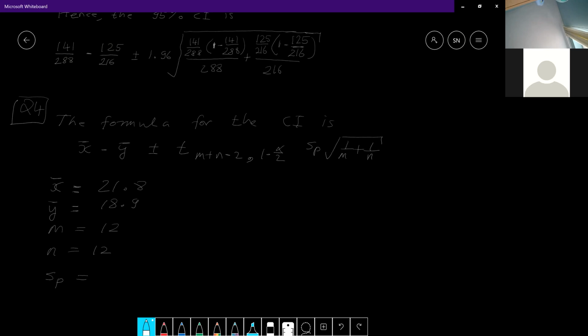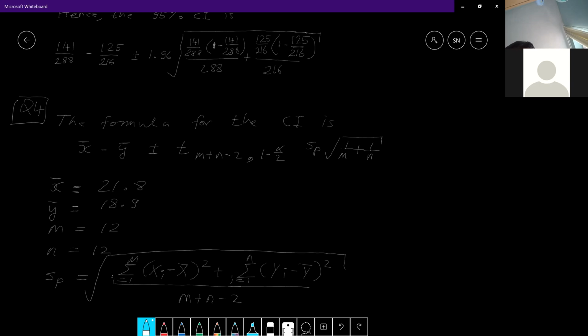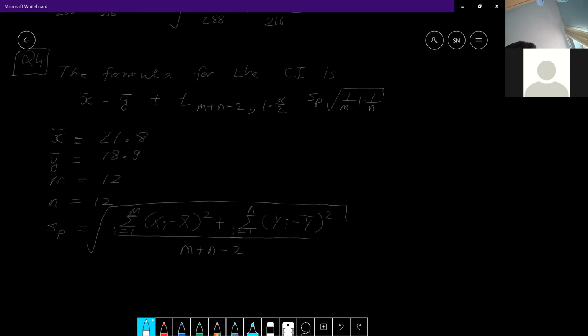The formula for SP is the following. If you look back in my scan notes, you will see this formula. Okay. All right. So this is the formula for SP.